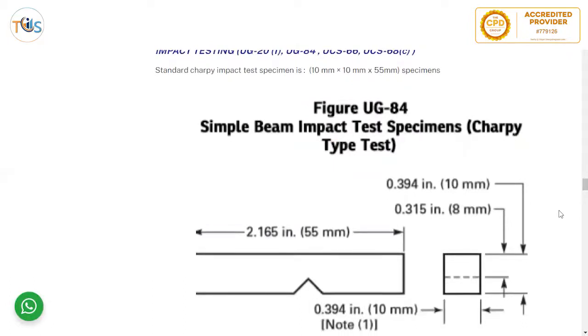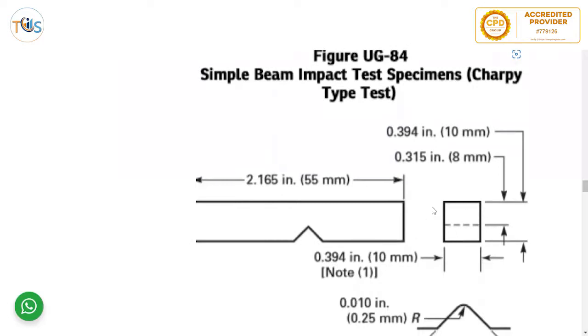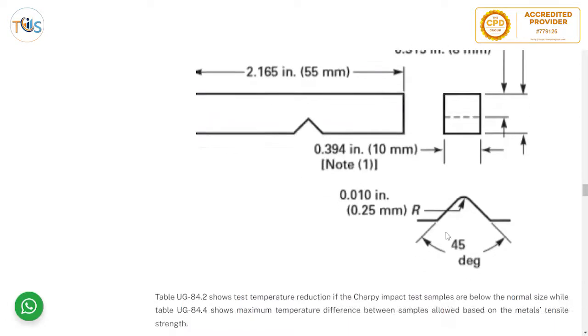Impact testing: the standard Charpy impact specimen is 10 mm by 10 mm by 55 mm. As you can see here, the cross section is 10 by 10 and 55 is the length, and there is a 45 degree notch here, and it gives you all the dimensions.